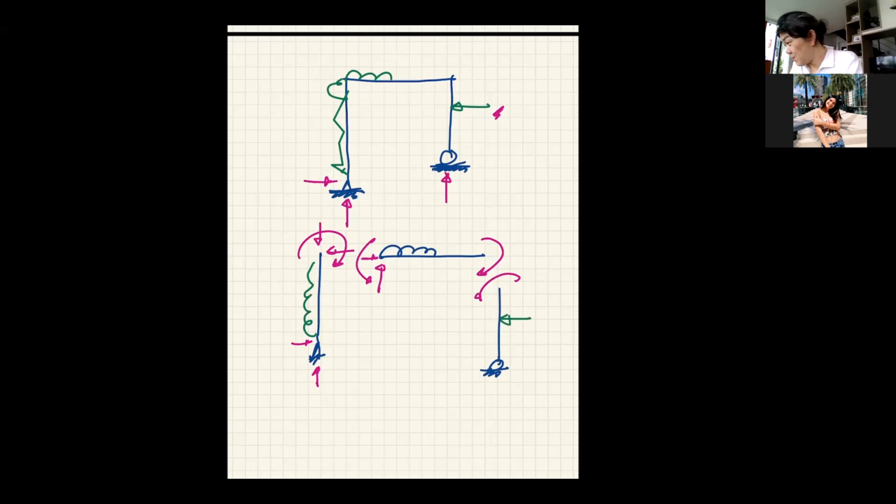And then you would also have the lateral load coming in here to make your sigma Fx equal to 0, and then you have the vertical loads coming in here, here, and here. So that's it, pretty straightforward.